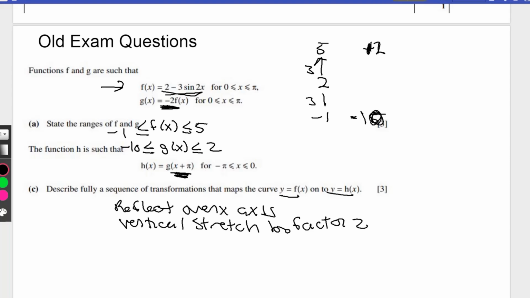Now we've done this third thing, and this third thing is going to be a horizontal shift, we'll say pi, horizontal, along the x-axis. I'm not sure about this. Let's take a look and see what they say.